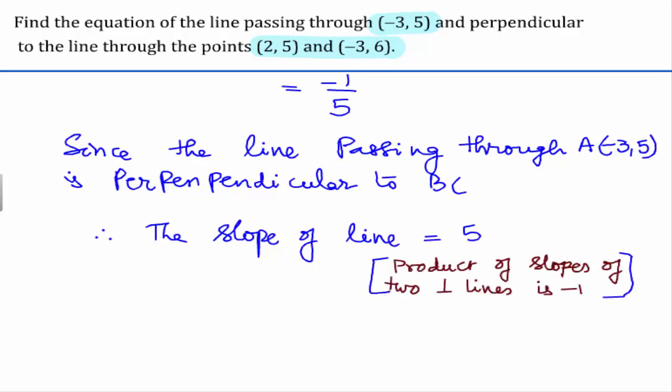We know that the product of the slopes of two perpendicular lines is minus 1. Therefore, when the slope of one line BC is minus 1 by 5, the slope of the other line should be 5. Now we have a slope and a point.